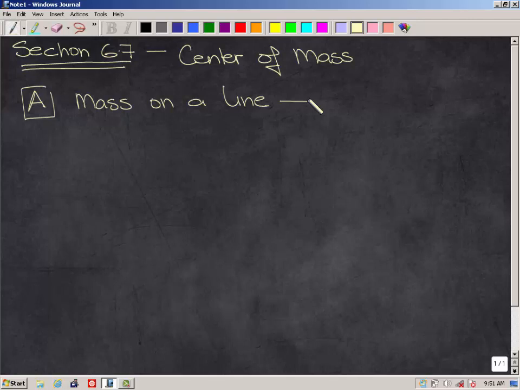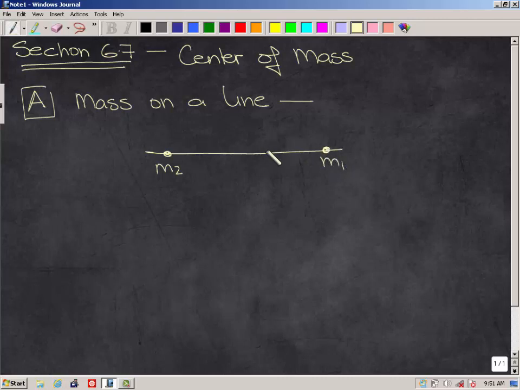So before we can graduate to talking about center of mass of plates, let's first talk about what happens if masses are located on a line and how would you balance those. So let's pretend that we have something like this. We have a line. You can think of it as a seesaw, and we have a mass over here. This is M2, and we have another mass over here. This is M1.